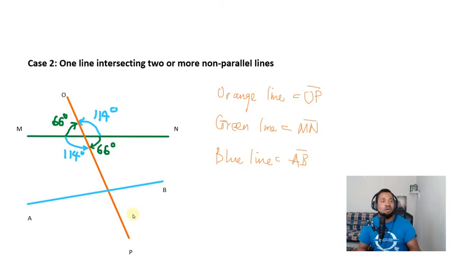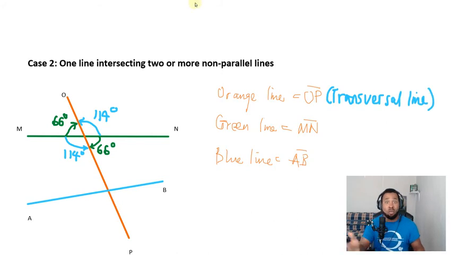So OP is indeed the transversal line, a line that intersects more than one line or the most number of lines in a diagram. OP touches not only the green line but also touches the AB line, which is the blue line.